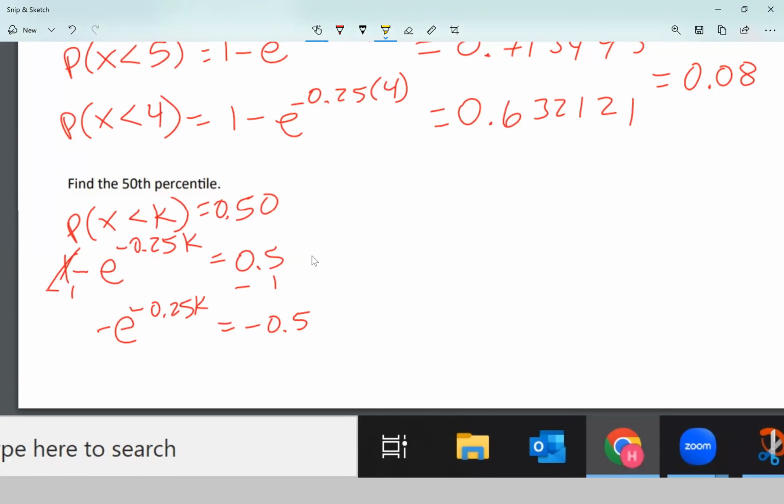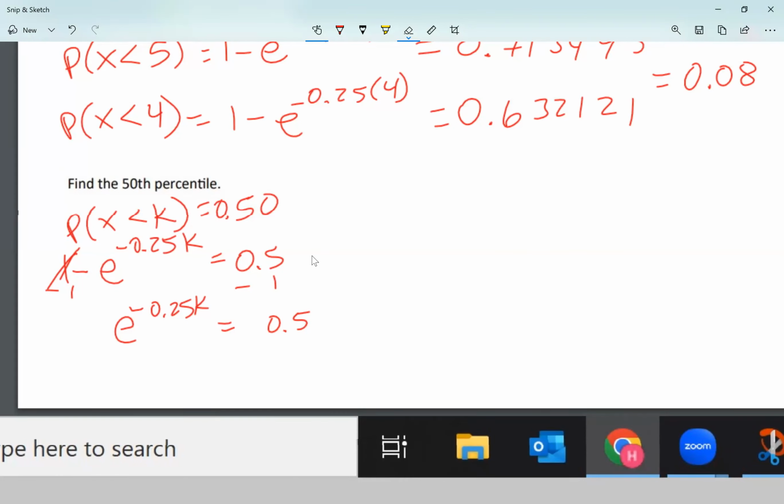Interesting though, look, I have two negative signs. If I multiply by negative 1, wouldn't the negative signs disappear? So let me do that. So I have e to the negative 0.25k is equal to 0.5.